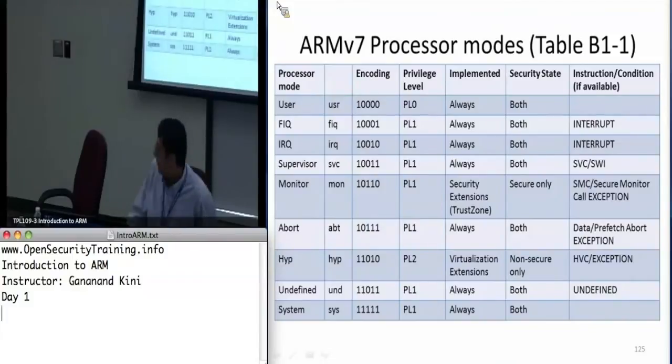Abort happens when you have a data or prefetch abort or misaligned memory access, and you can enable or disable these interrupts again. Finally, you have the hypervisor. The Cortex A15 processor, which has been shipped out to all the vendors.